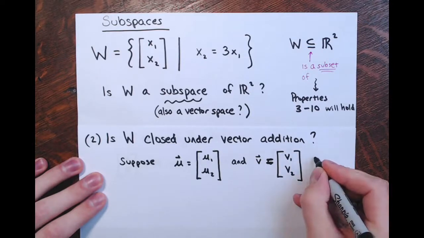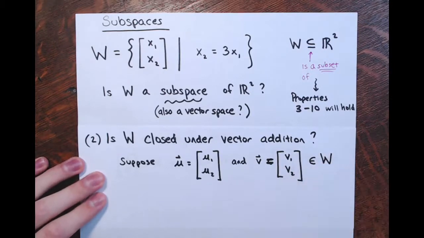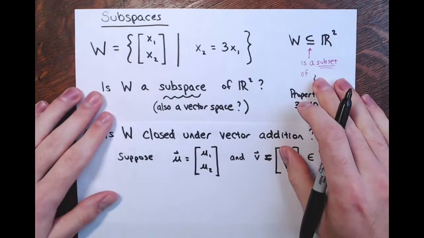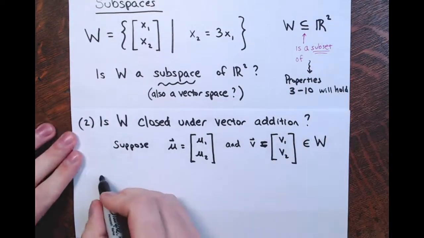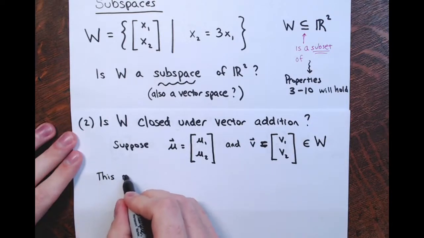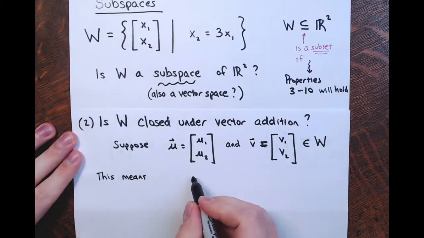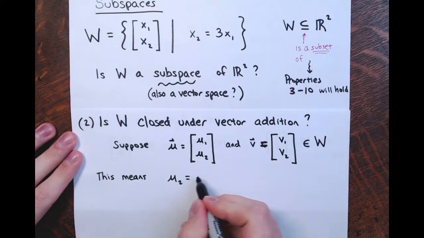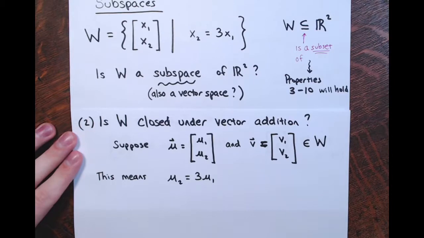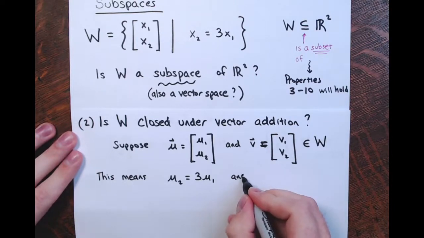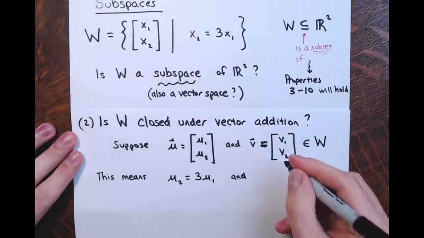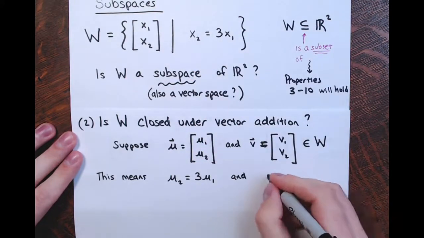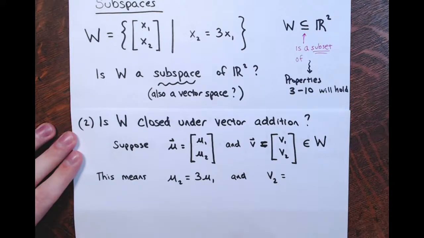Suppose that these belong to W. So I'm taking two generic vectors from W. This means that for each of these vectors, the second component must be equal to 3 times the first component. So U2 must be equal to 3 times U1, and V2 must be equal to 3 times V1.